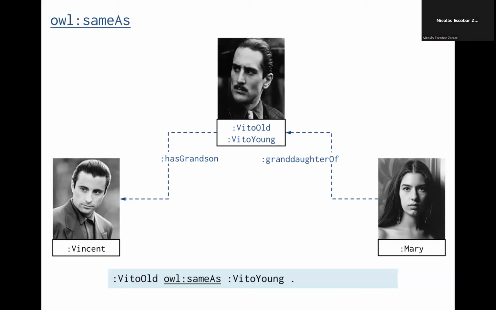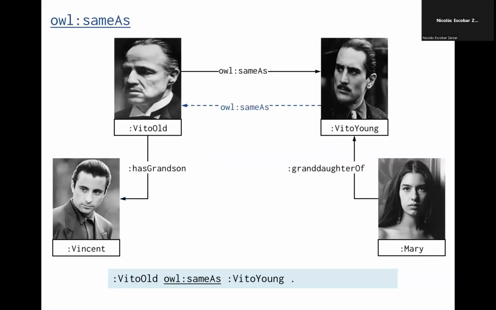Now, we might make this axiom, we want to be maybe a little bit careful. If we're talking about the person or the character, then it seems sensible to say that Vito is the same as Vito. The old version and the young version, they're both the same person. However, we'd have to be careful if we had Vito old played by Marlon Brando, and Vito young played by Robert De Niro. Then it wouldn't be suitable anymore to say they're the same as, right?